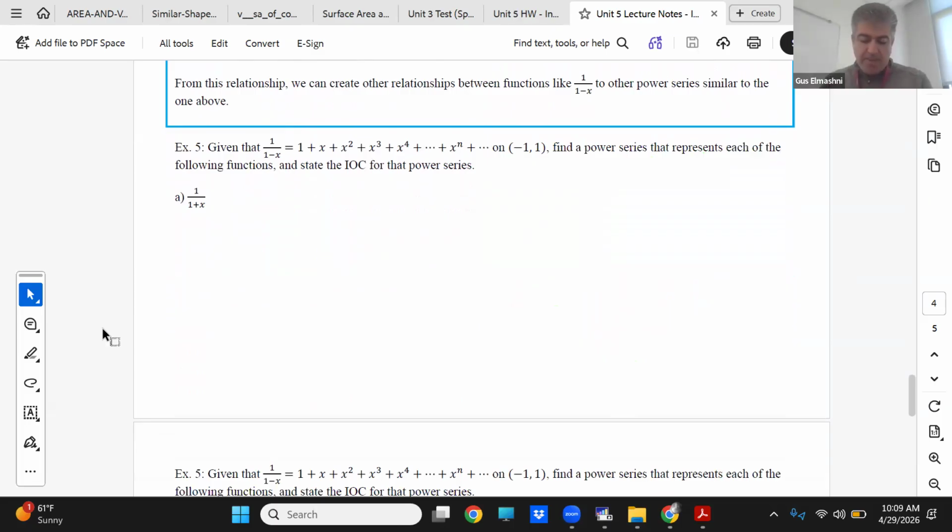All right, in this case, given that 1 over 1 minus x equals this power series on the interval from -1 to 1, find a power series that represents each of the following. Here is where you have to get a little creative. I think this was the intention of Ms. York's notes, to help you get creative with re-expressing these so they look something like this.